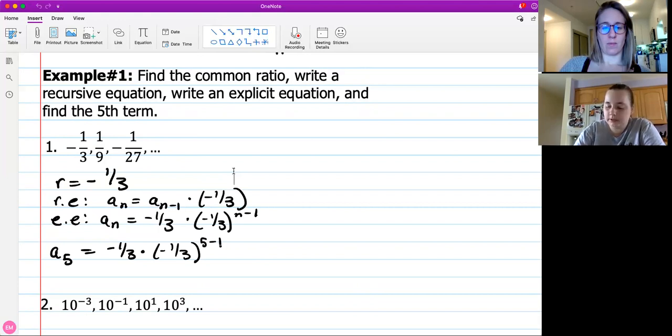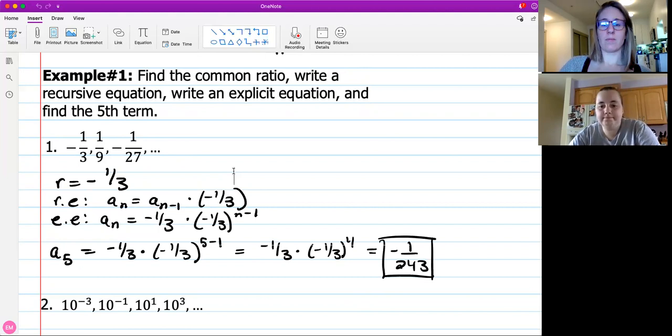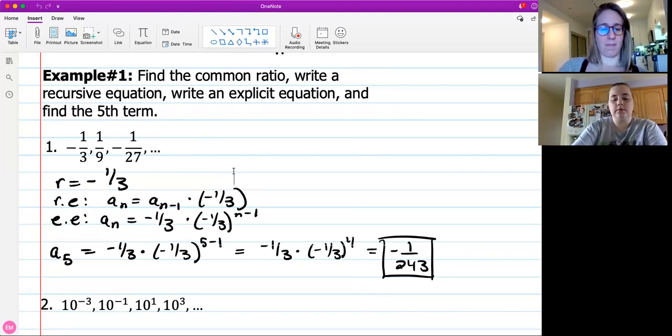So 5 minus 1. This ends up being negative 1/3 times negative 1/3 to the 4th, which is equal to negative 1/243. Just like that. Pretty simple.